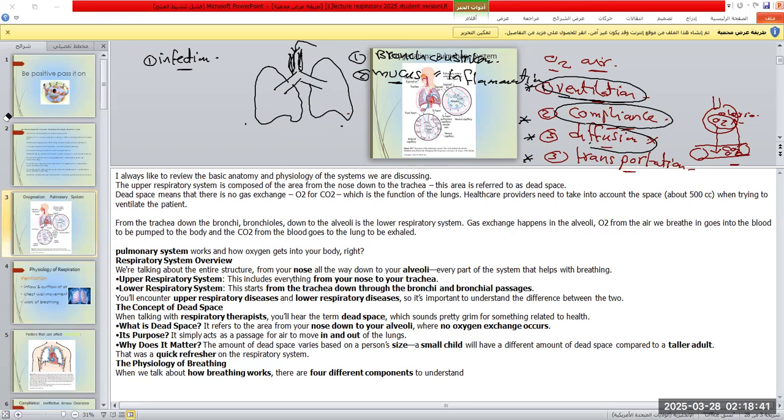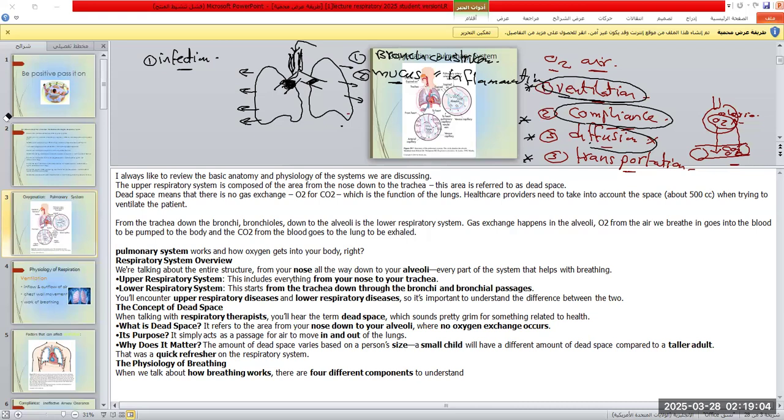Okay. So if the patient has lots of mucus plug here, the mucus plug and bronchoconstriction will prevent air from getting into the lungs. So there will be no compliance. There is no expansion of our lungs. So any disease that blocks this airway will cause compliance to be decreased.